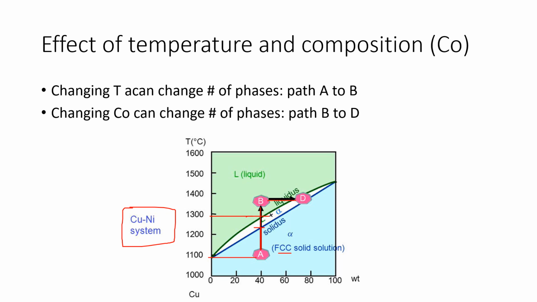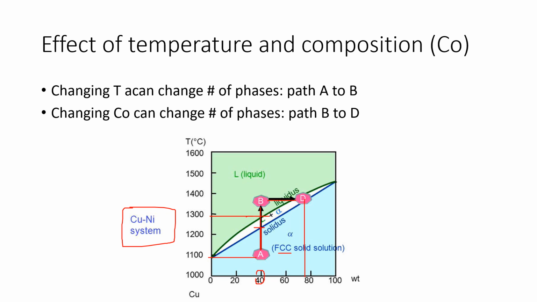At point B, at a given temperature, if we change the composition, if we increase the amount of nickel by weight from 40% to about 70% by weight of nickel, then the liquid crosses the liquidus line, and solidification starts.